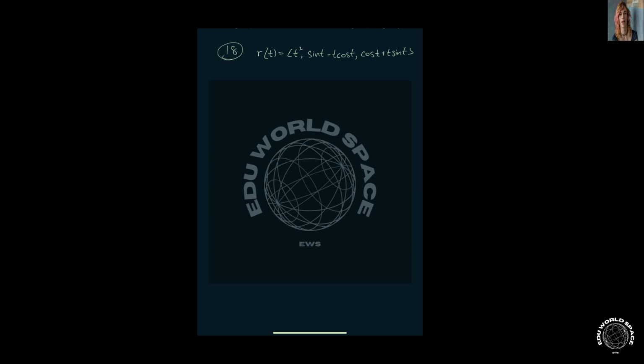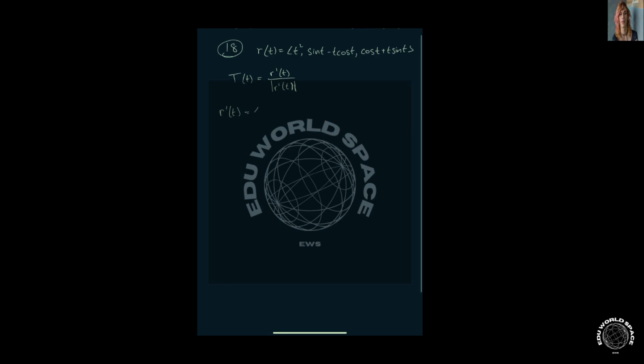So we know that the unit tangent vector, which is written as capital T of t, is going to be equal to r prime of t over the magnitude of r prime of t. So obviously, based on what this says, we're going to want to find what r prime of t is. So we'll start by calculating that, and that's just going to be the derivative of r of t.